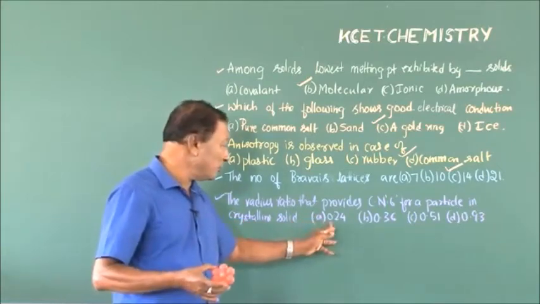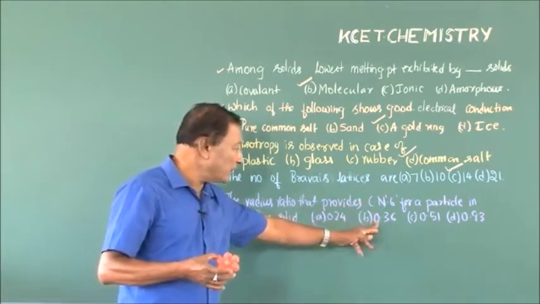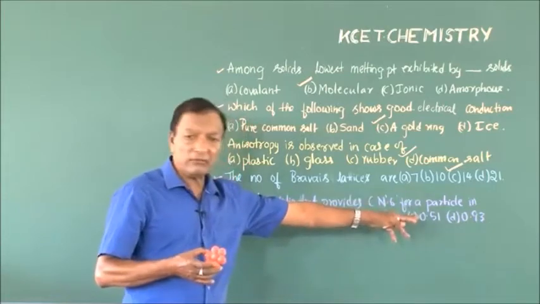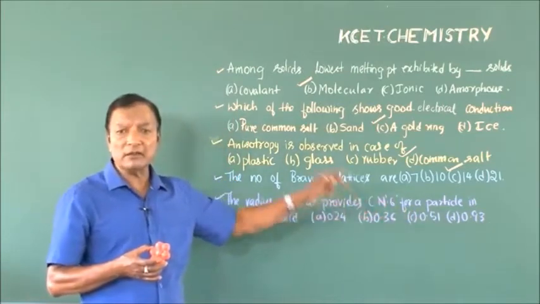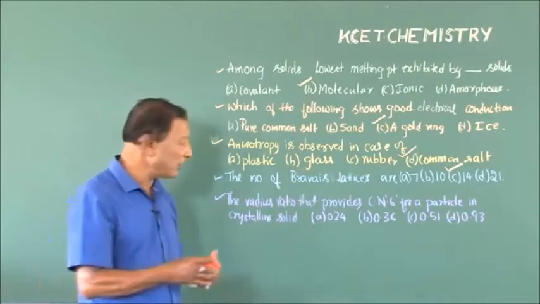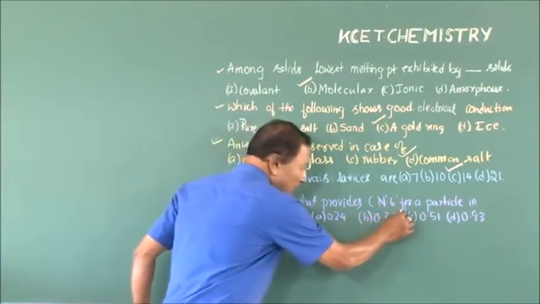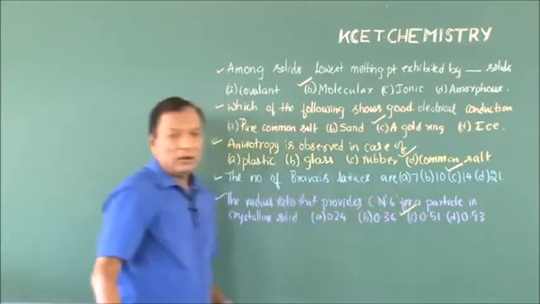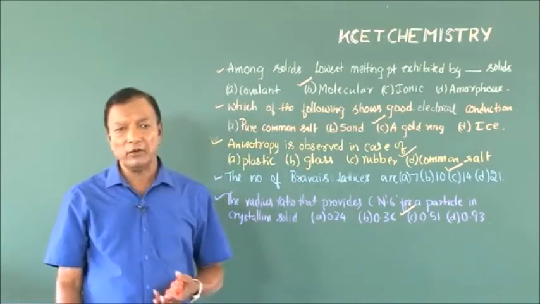The radius ratio 0.24, 0.36, 0.51, 0.93: there we have to select the coordination number 6. Naturally, the selection falls upon option C, that is 0.51.